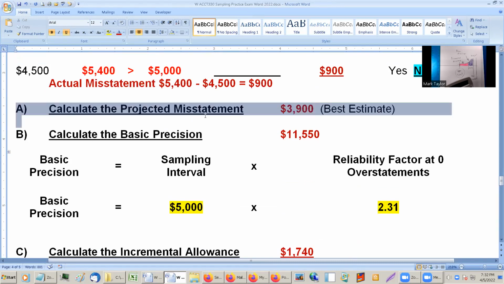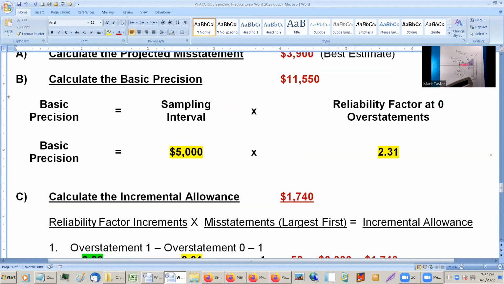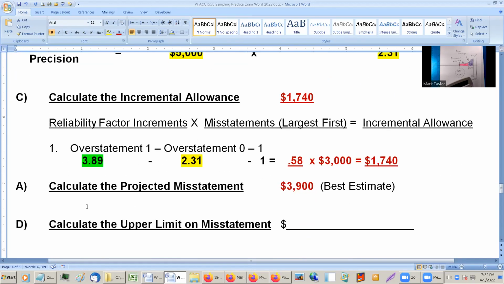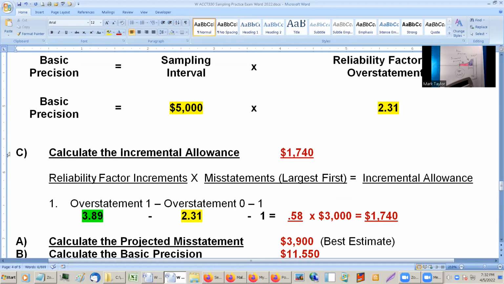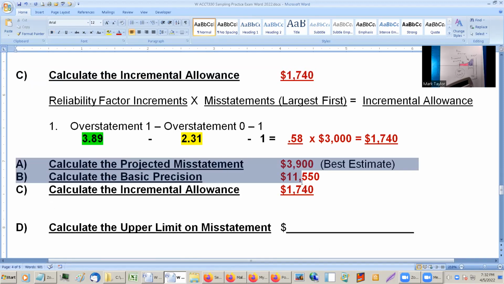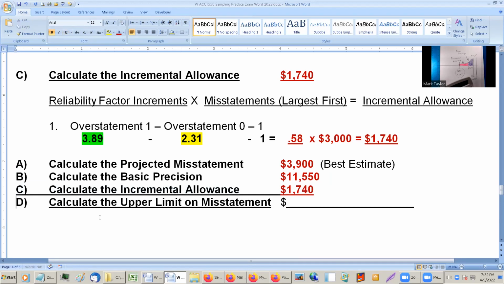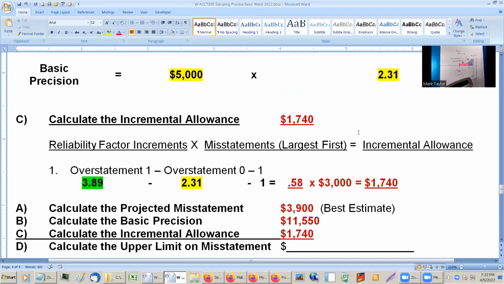Okay, so now. I have a question. Why don't we need the second one for that $900 misstatement?